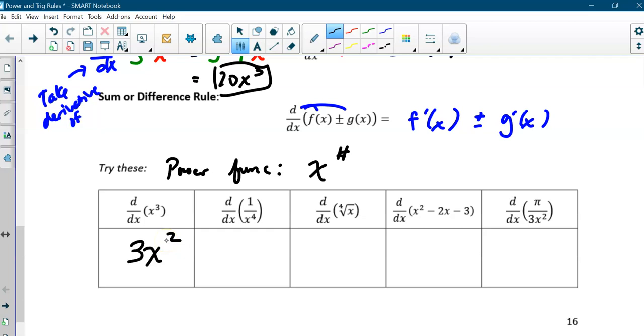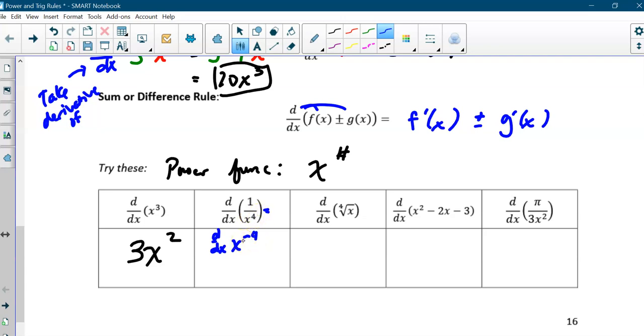For the second one, 1 over x to the 4th. I'm going to rewrite that actually as d dx of x to the negative 4, because I want to see what the exponent is. The exponent isn't really a positive 4, it's a negative 4.